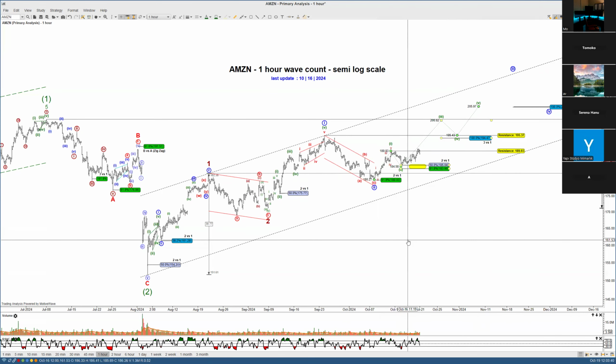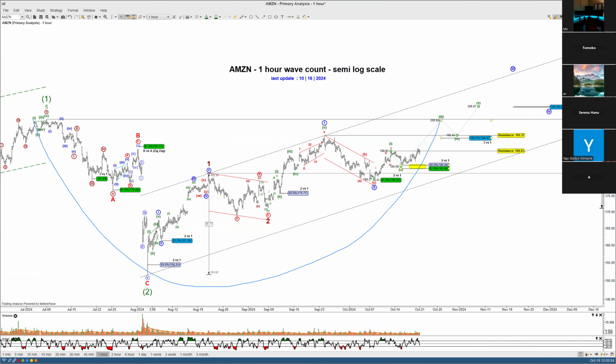But the point is, there are so many stocks that I'm watching that are forming these round bottom patterns. We just looked at silver, we just looked at IWM, and now I'm showing you Amazon. I can show you 10, 15 more.